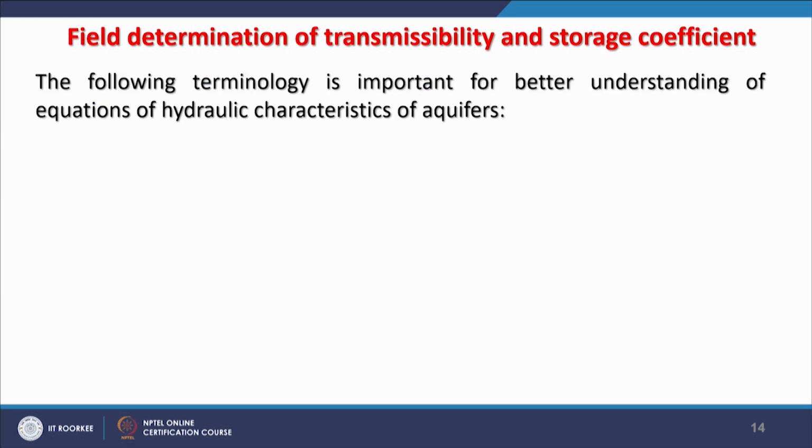In this discussion and in later discussions, there are a few terminologies which are important to understand the equations of hydraulic characteristics of aquifers, which we have discussed: steady state, non-steady state, and non-steady shape.